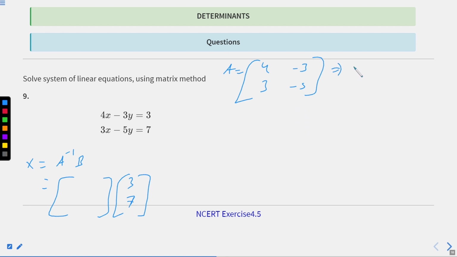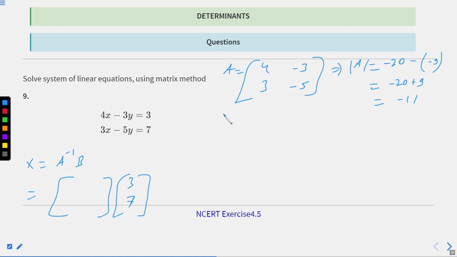From here, first of all, let me just evaluate the determinant. The determinant will be minus 20 minus 9. This will be minus 20 plus 9, which means minus 11. The determinant will be minus 11.